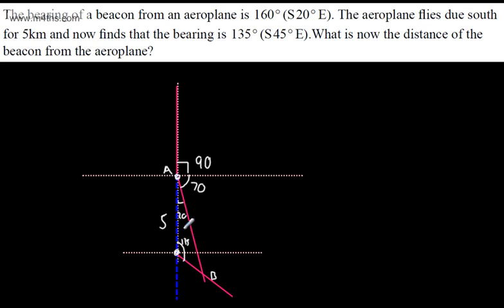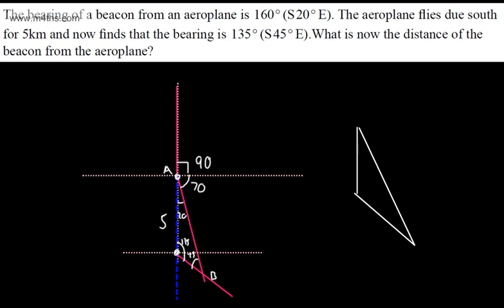If this is 135 and that's 20, that's going to give me 155 degrees. So if I put on this one right here, 155, we need to add to that now 25 to go ahead and make a triangle. So all I'm going to do is a quick sketch here. I've got now 5 kilometers. I've got something that looks like this.